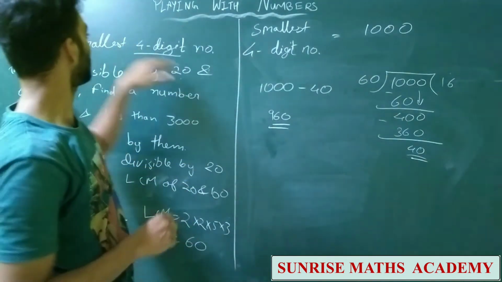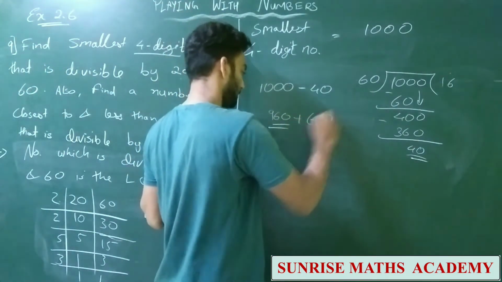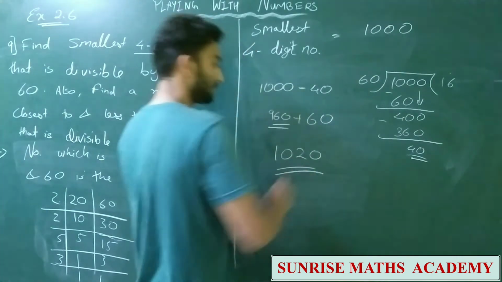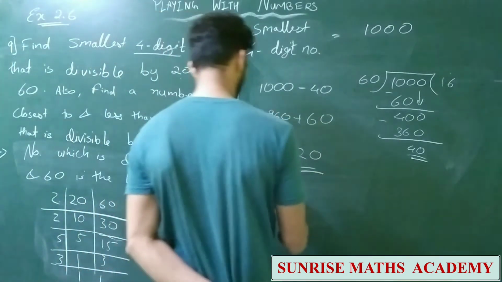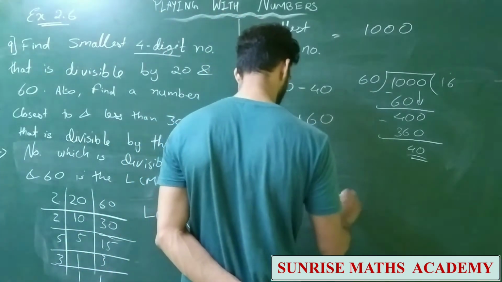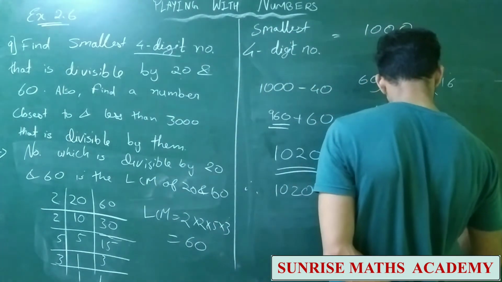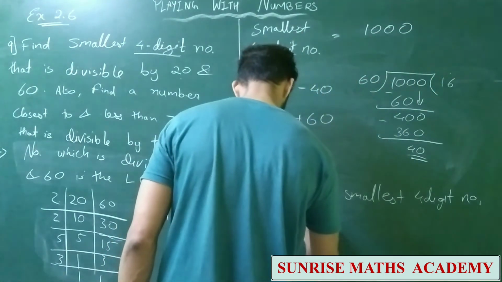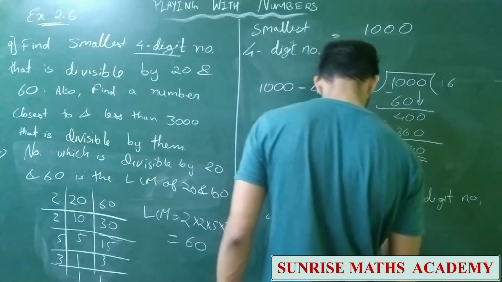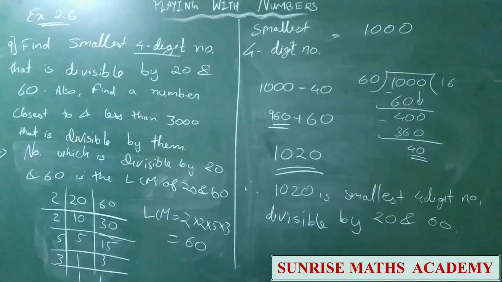But this is a 3-digit number, we need a 4-digit number. So the next number, that is plus 60, is 1020, which is divisible by 60 and 20 both. So 1020 is the smallest 4-digit number which is divisible by 20 and 60 both.